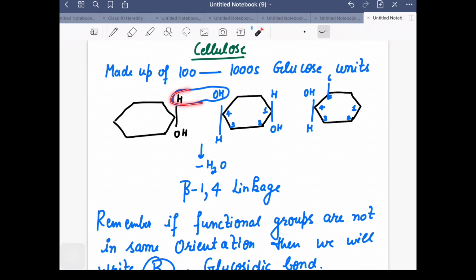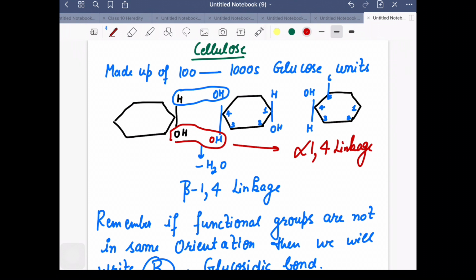If the orientation of these functional groups, like the OH here and here, these two functional groups, their orientation is different, then there will be beta. But if the orientation is like this, with the OH group here, then when the water is released, we will write alpha 1-4 linkage.